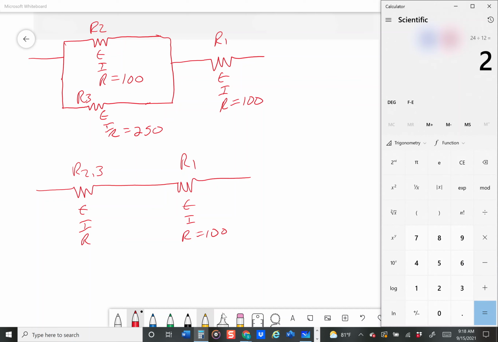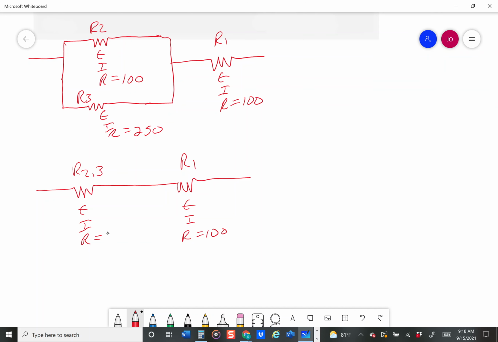In this case, I'm going to go ahead and use product sum. It's 250 ohms, which is R3, so 250 times 100, R2, divided by the sum of those two, which is 250 plus 100 is 350, and I'm going to get a total resistance of my parallel branch of 71.43 ohms.